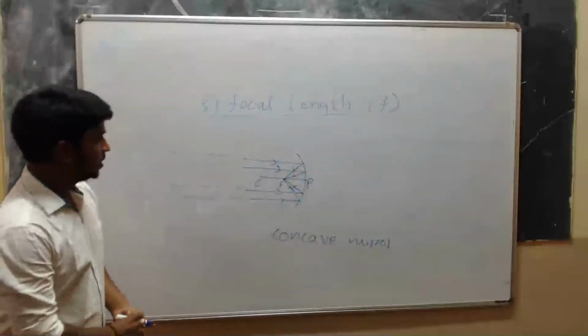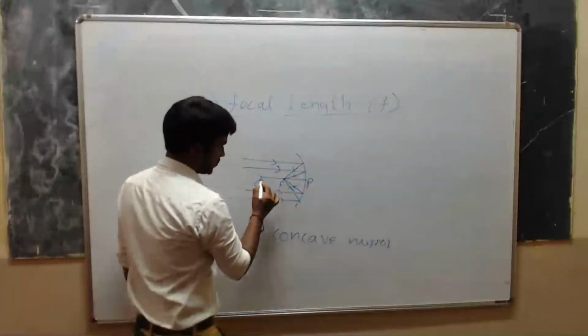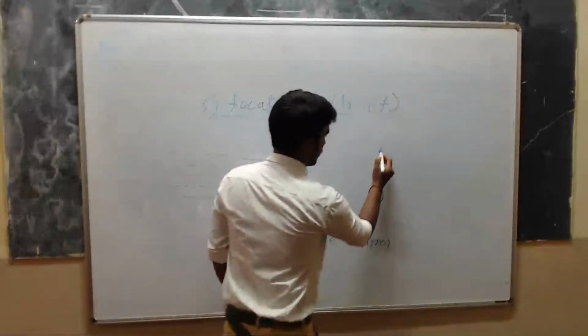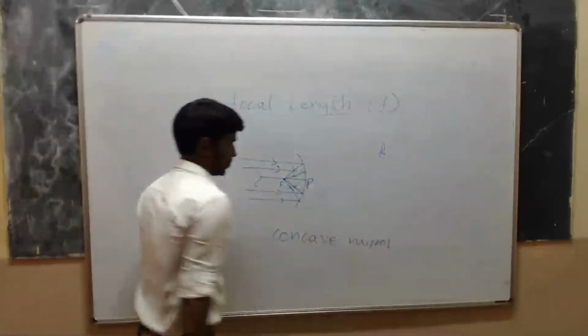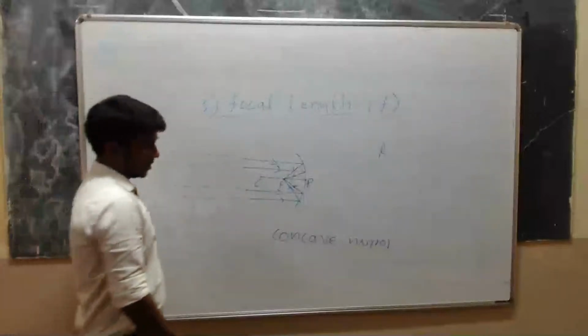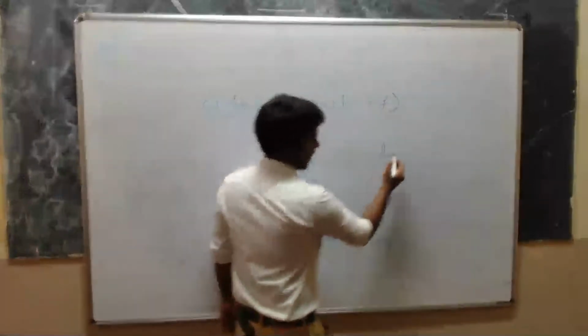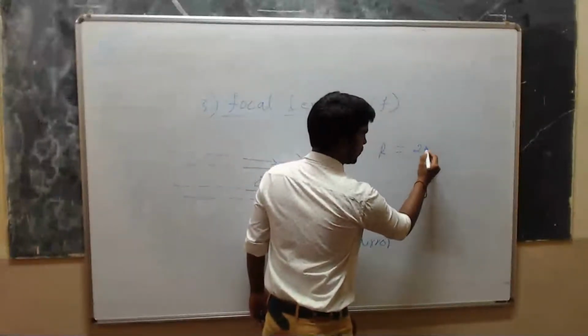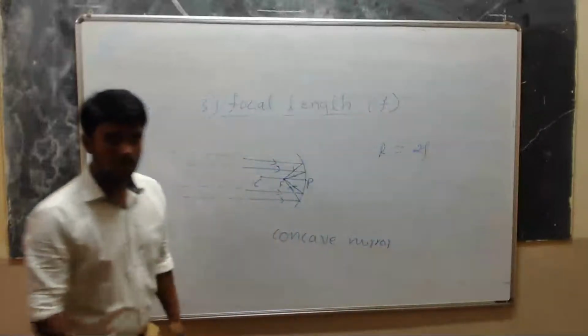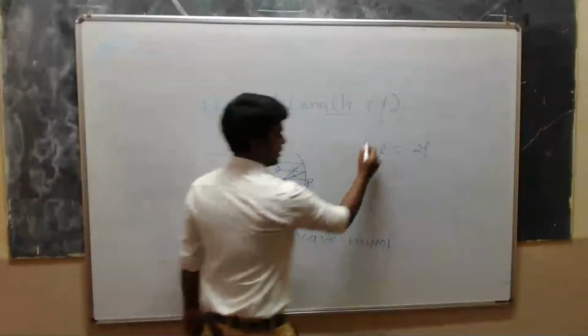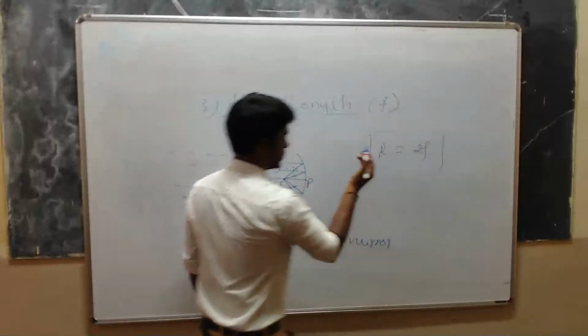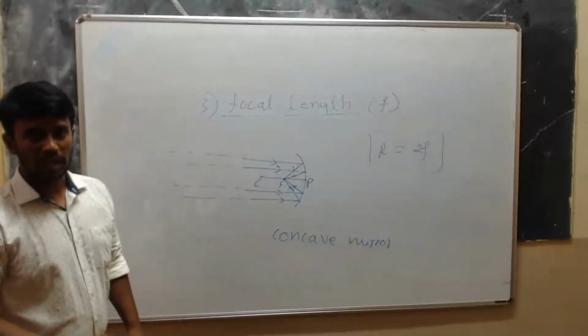To represent the radius of curvature, the distance from C to P, we use R. So can I write R is equal to 2 into F? The radius of curvature is equal to twice the focal length. Why?